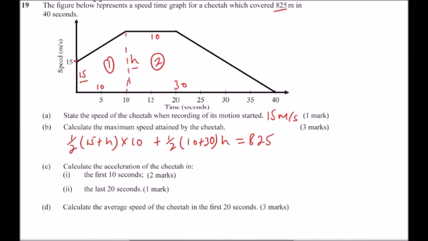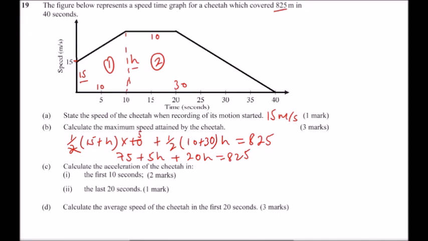So you can compute this. You can divide here by 10, you get 5. So you get this is 75. Then we have plus 5h, then we have plus 20h. That is when you simplify here. That should give you 825.